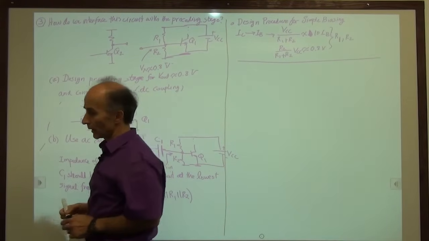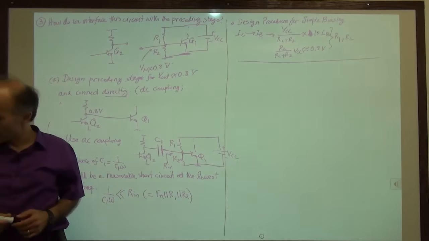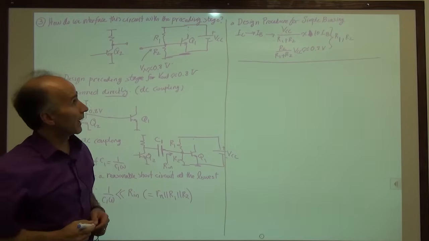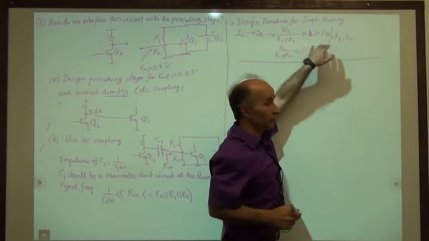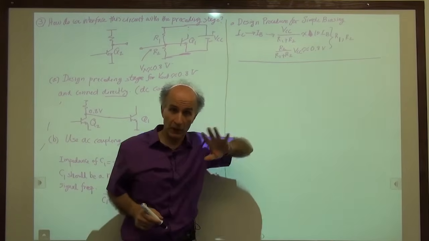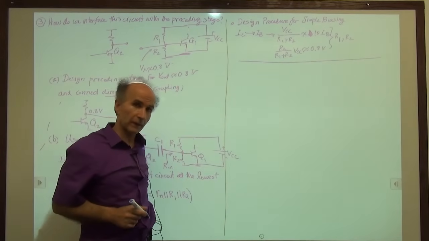All right, so the next issue that we need to deal with, and the reason I call this simple biasing, to emphasize that it's simple but probably not very good, is the following.